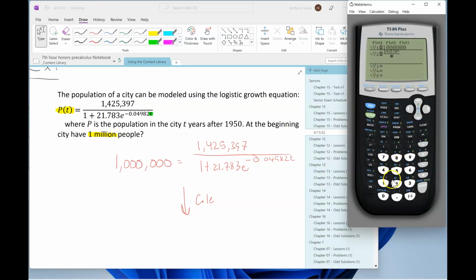particularly if you're taking a standardized test and you're not sure how to algebraically solve something.